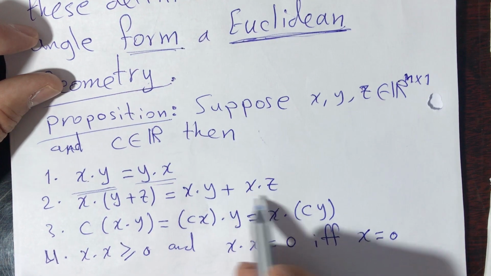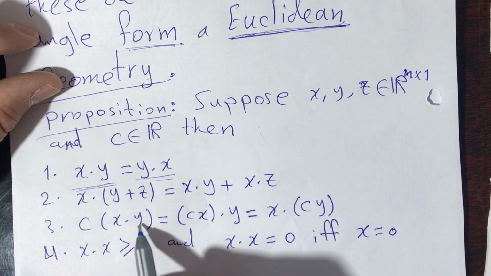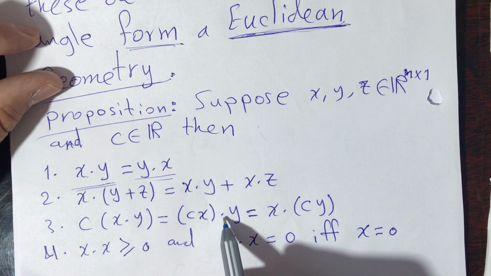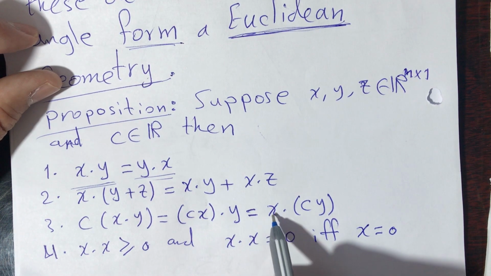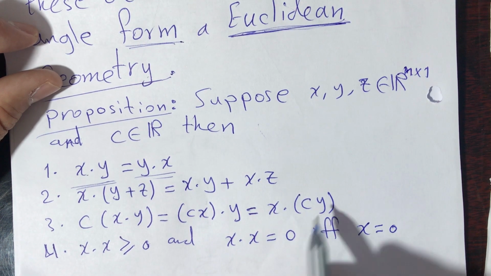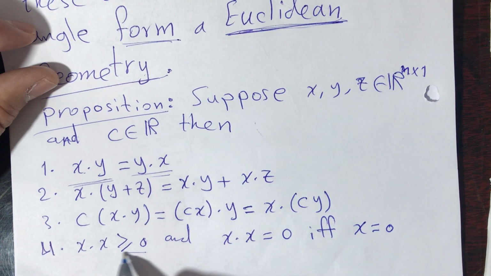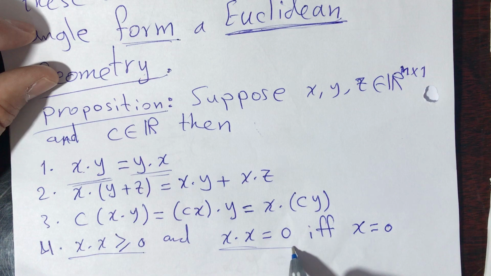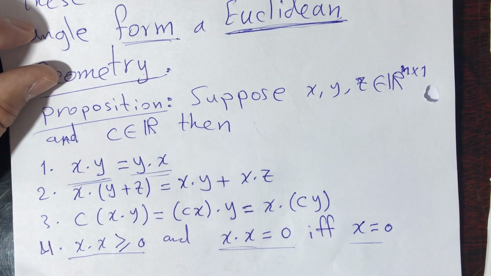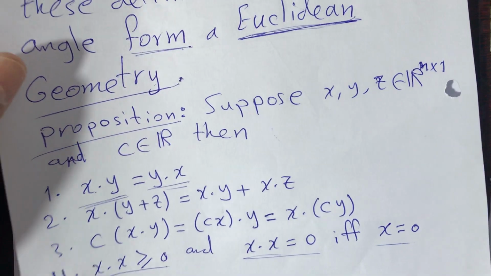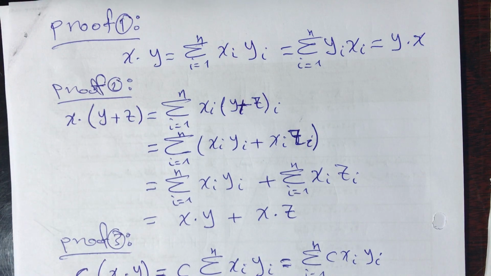Also c(x dot y) equals (cx) dot y, which equals x dot (cy). And x dot x is greater than or equal to 0, and x dot x equals 0 if and only if x equals 0. This is page number 2, and now we prove this proposition.